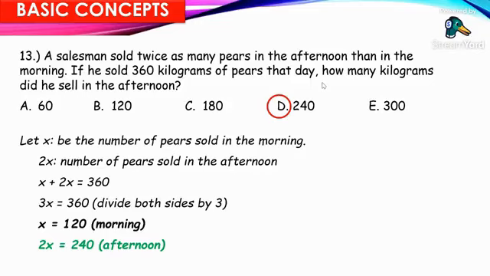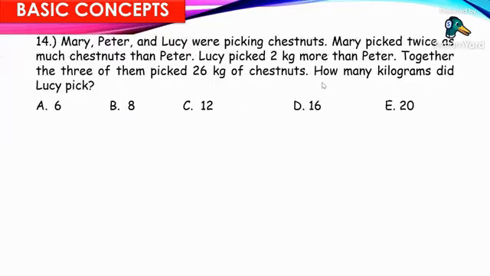Let's have number 14. Okay, Mary, Peter, and Lucy were picking chestnuts. Mary picked twice as much chestnuts than Peter. Lucy picked 2 kilograms more than Peter. Together, the three of them picked 26 kilograms of chestnuts.